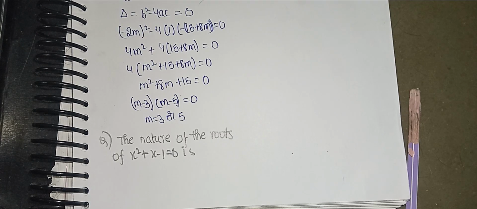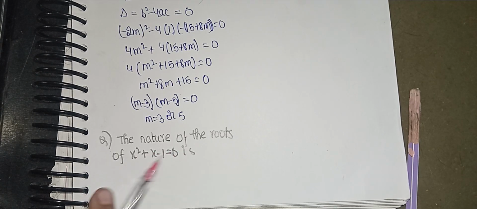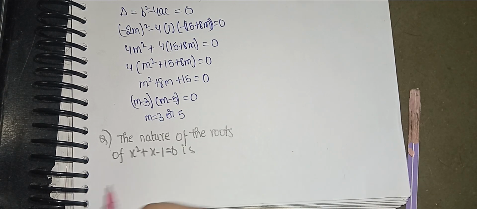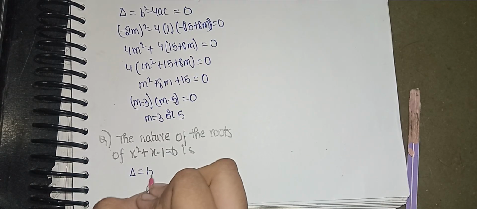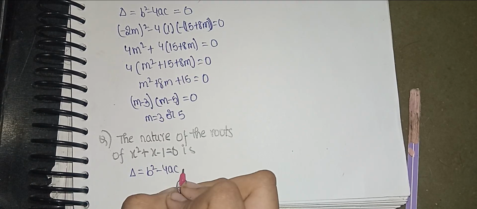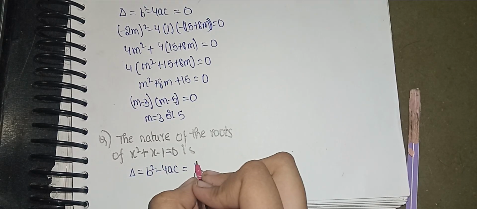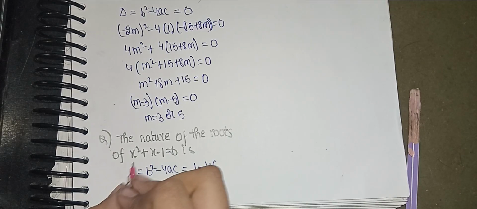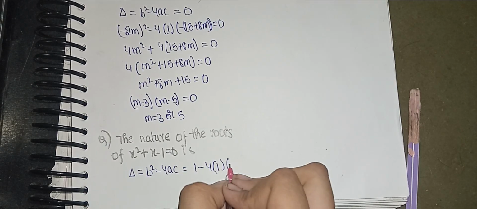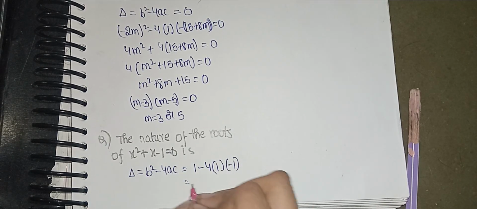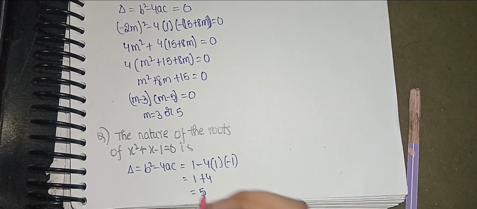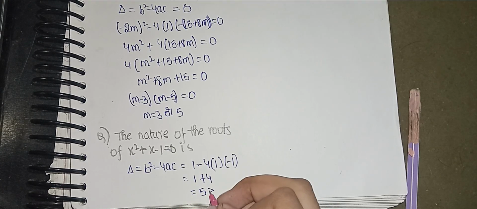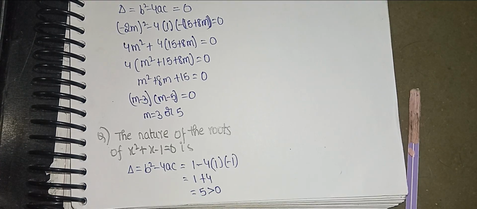This is the question. Here you have to find the nature of the roots. How will you find it? To find the nature of the roots, you have to find the delta. What is delta? Discriminant. What is discriminant? B square minus 4ac. What is b? 1. 1 square is 1. Minus 4 into what is a? 1. What is c? Minus 1. Minus minus will cancel. 1 plus 4, which is 5. 5 means it is greater than 0, right?